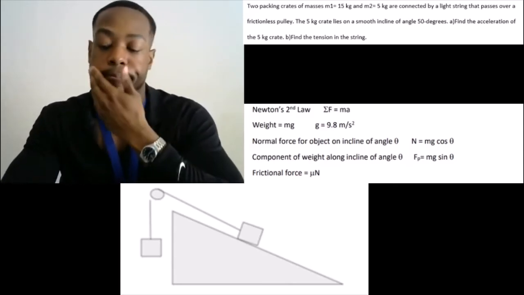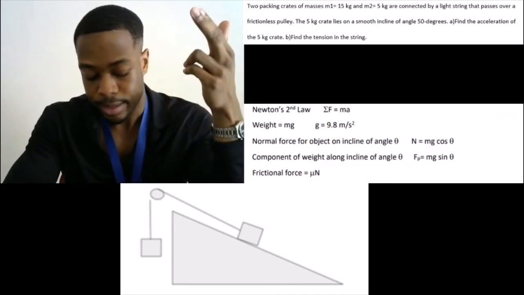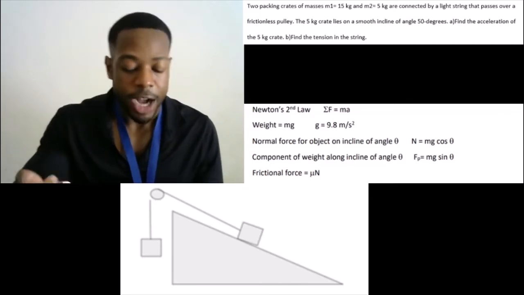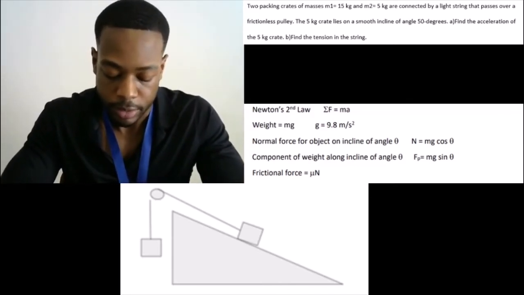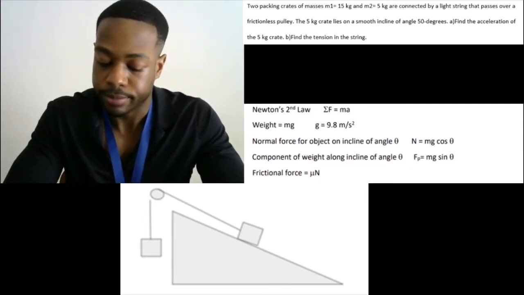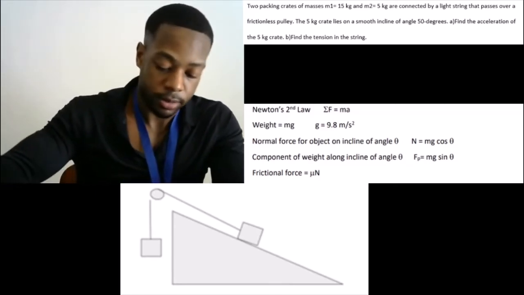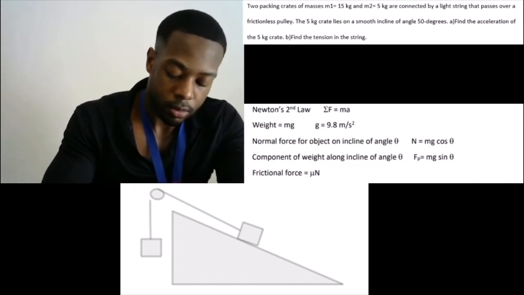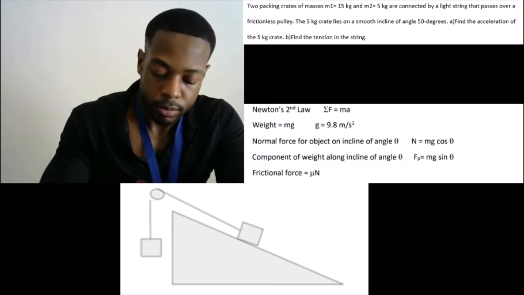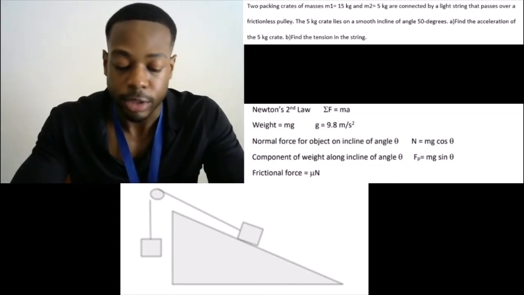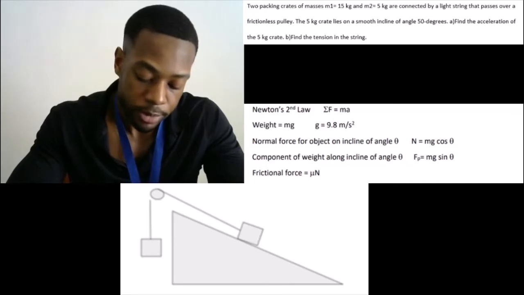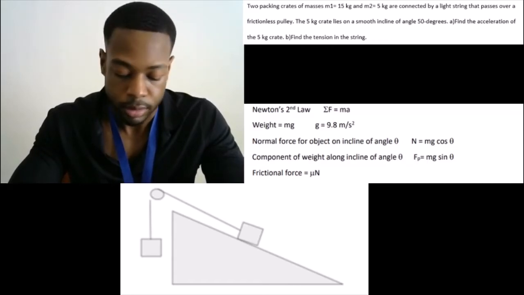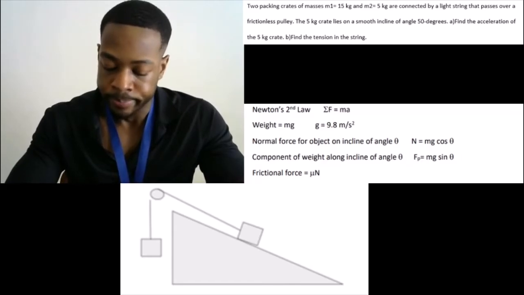We're going to use positive 9.8 minus mass 1 a, which is going to be minus 15 times a, which we don't know just yet, equals mass 2 a, where mass 2 is 5 kilograms, plus mass 2 g times sine 50.